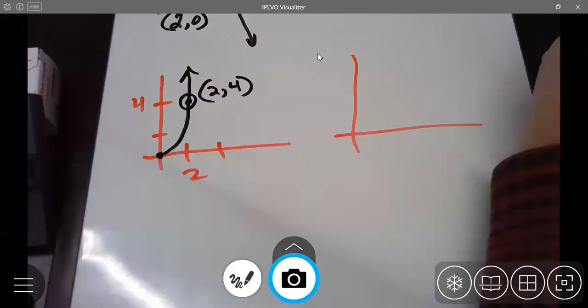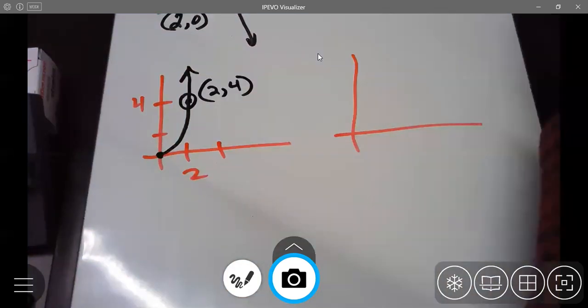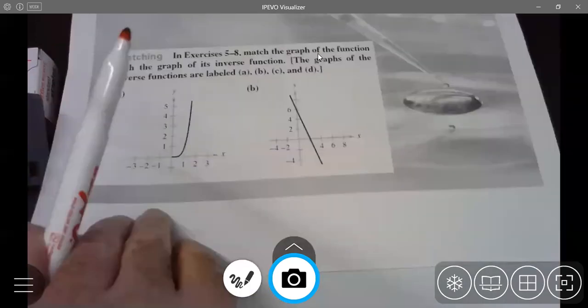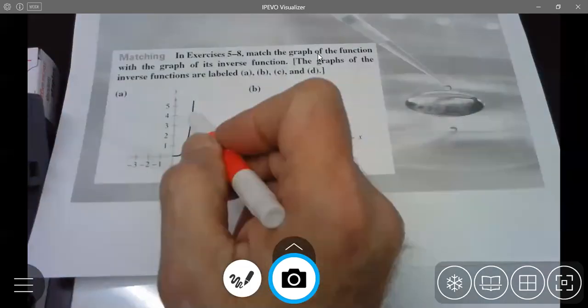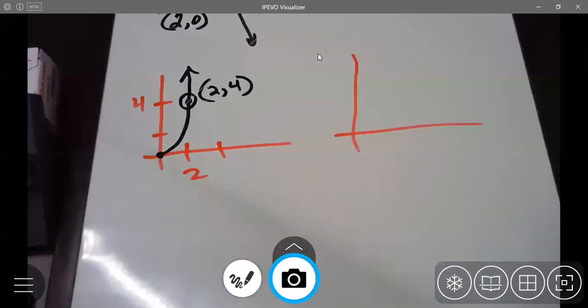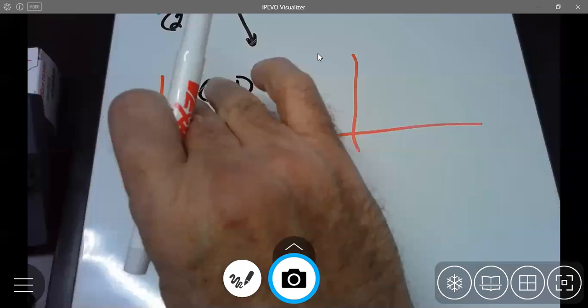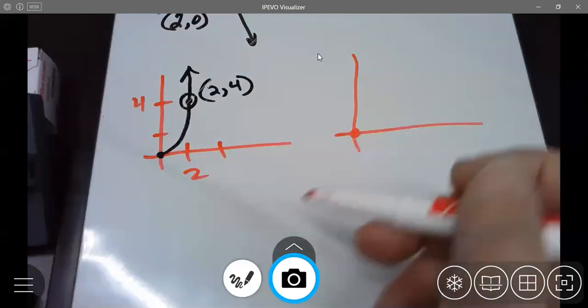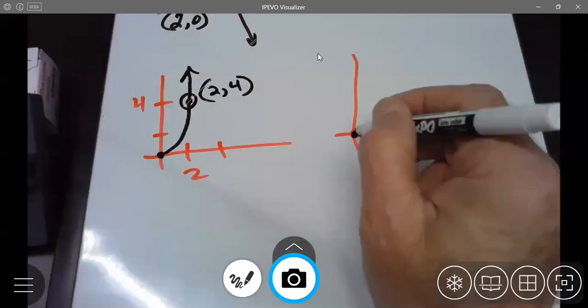They're not going to give you the point. You have to kind of look for it. So here's 2 and 4, and it still starts at the origin.